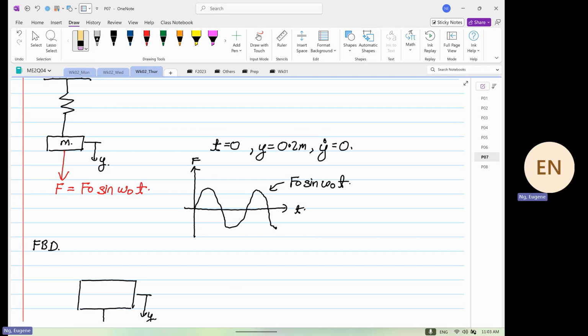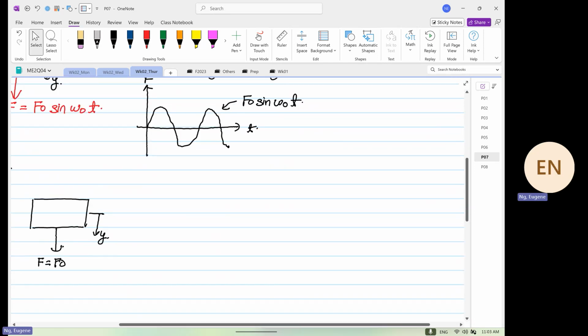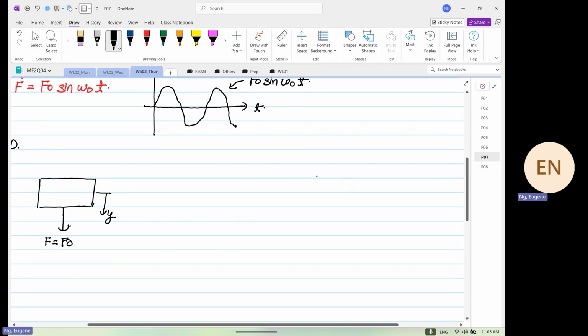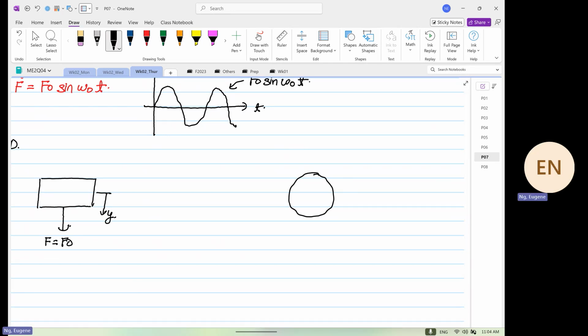It is a flywheel. So don't worry, I will set up the experiment for you to see what a flywheel is. It's an unbalanced wheel. Okay, what is a flywheel? Sorry, you are asking how can I impose F naught sine omega naught t?